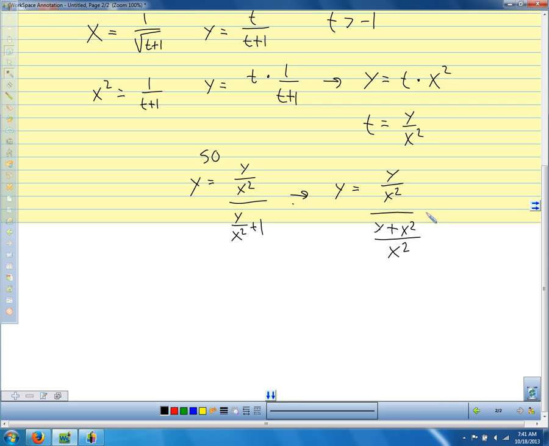Now I'm going to flip this denominator over, multiply by the reciprocal. So I get y equals y over x squared times x squared over y plus x squared. My x squares cancel, and I get y equals y over y plus x squared.